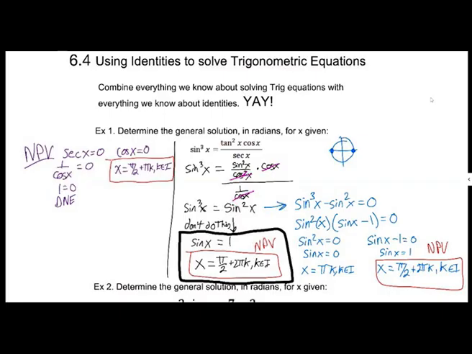If I went through and took that first approach, I would look at my values of x and I would say that there are no solutions for that equation because the only solutions I found are non-permissible values. So there are values that mean I cannot evaluate the equation that I was given.